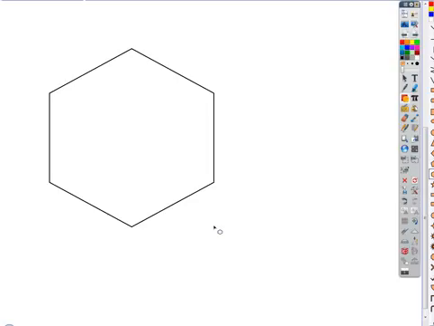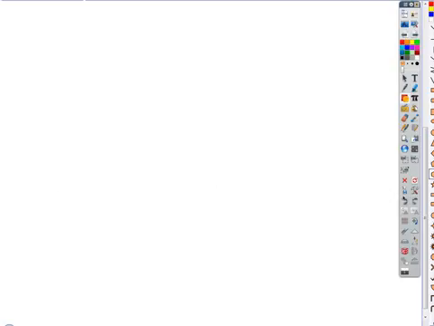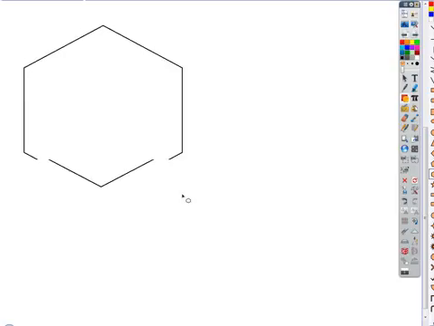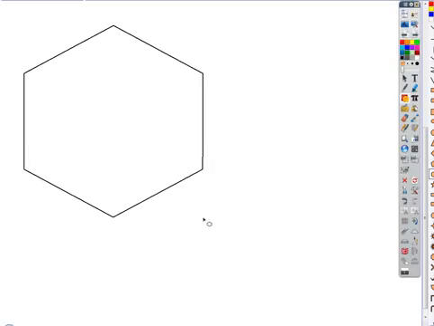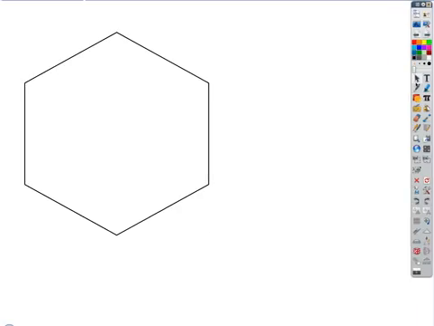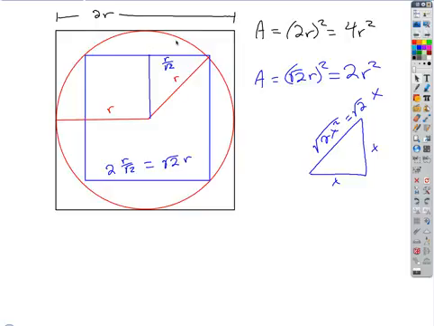Well, that didn't work very well. Let's see. So I think I need to do something like this. Does that look fairly regular? Not great, but you get the idea. You know what I should do? I'm going to start with the circle. That'll make it easier.